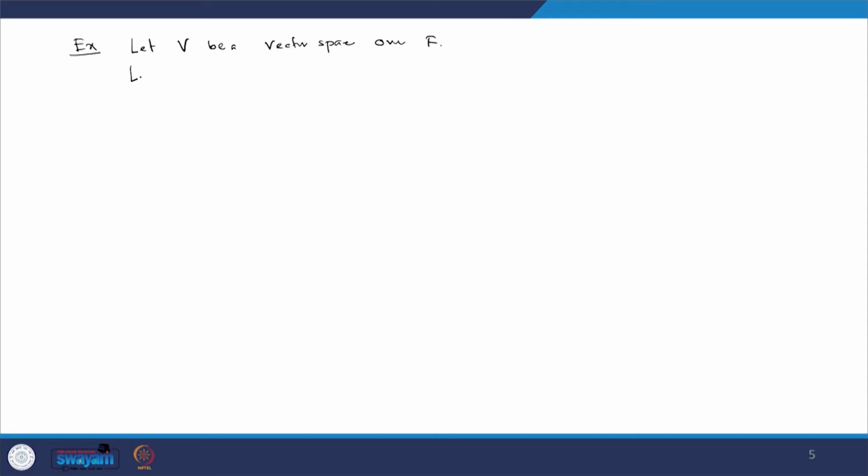Let W equal the collection of only the 0 element of V.